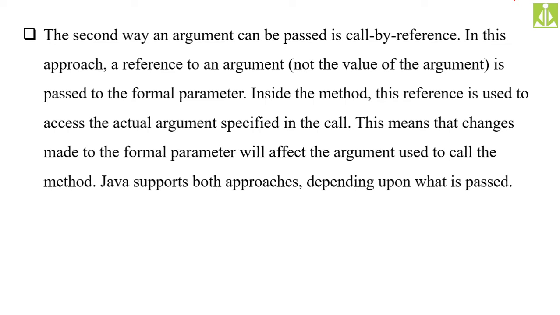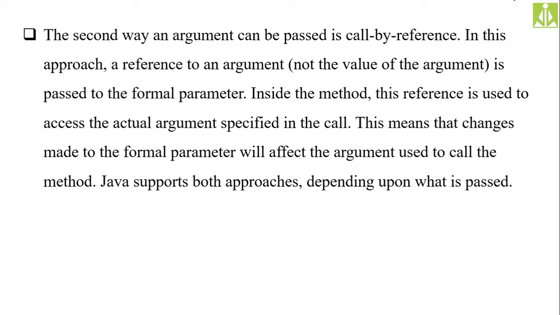Rather than passing the actual data values or actual data variables, we will pass the references. When you pass the references, you are passing the complete memory location, isn't it? You are passing the complete memory location as an argument to the method.